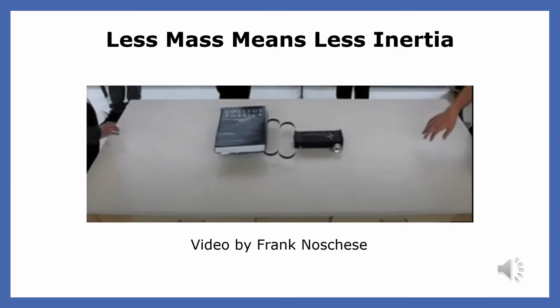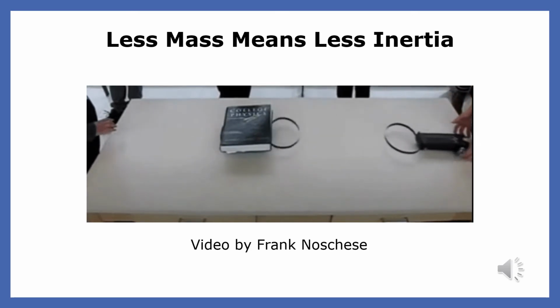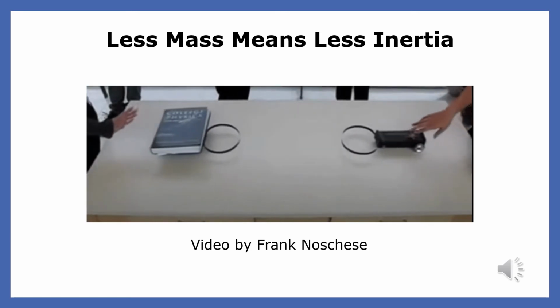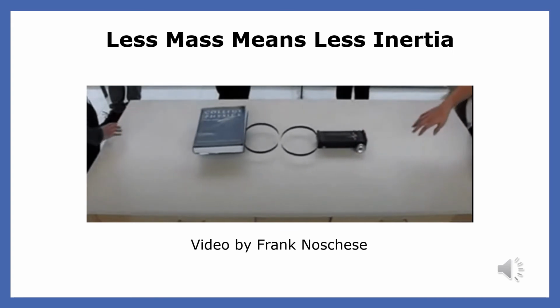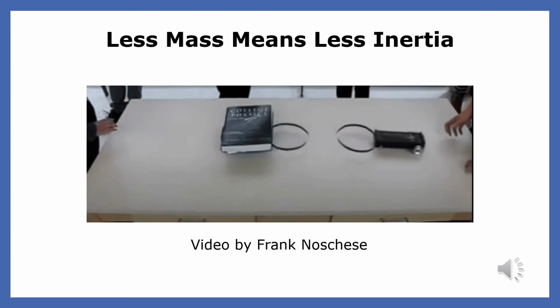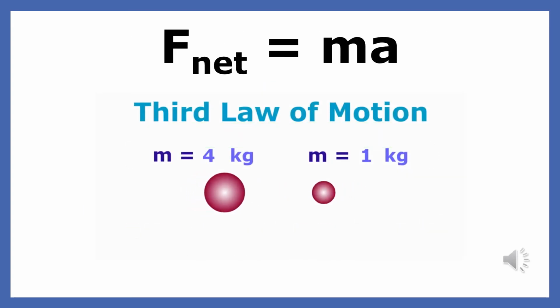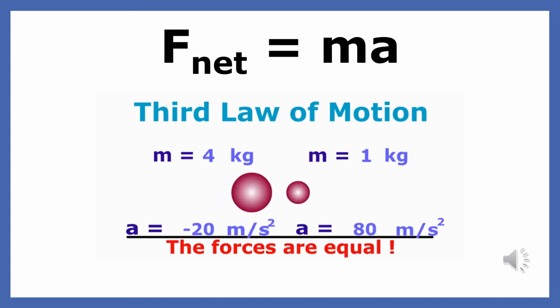The smaller mass cart has less inertia and therefore has a smaller resistance to a change in motion. If two bodies receive the same force, the smaller mass would always have a greater acceleration. Remember, you can't determine the force on a body just by looking at its acceleration. Remember, F net equals ma.